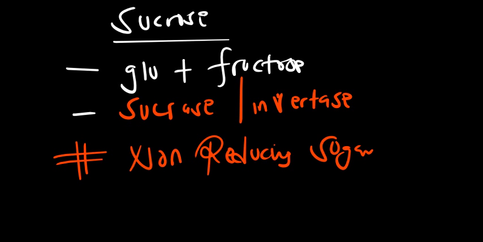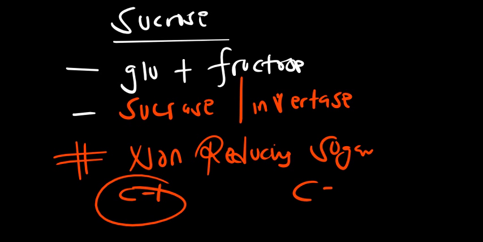So the anomeric carbon at position number 1 of glucose, and on fructose at C2, they are the ones that are going to be involved in forming this linkage.